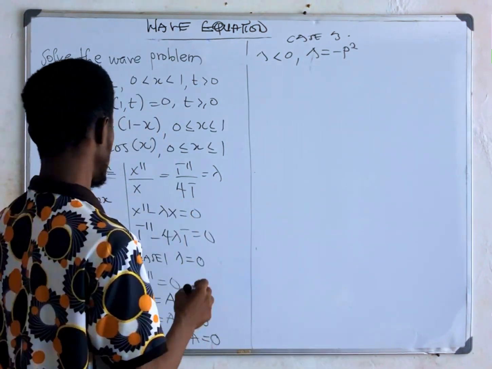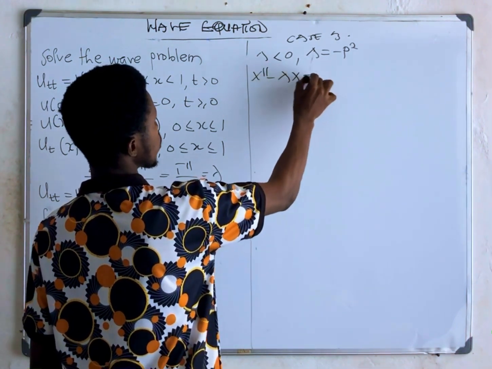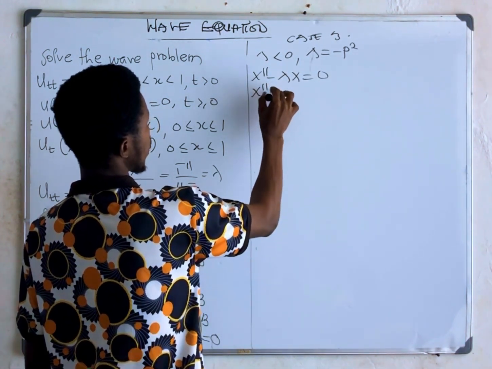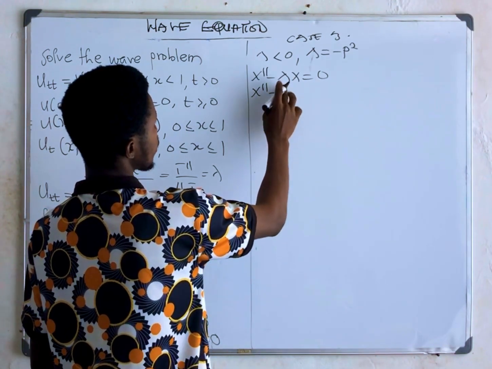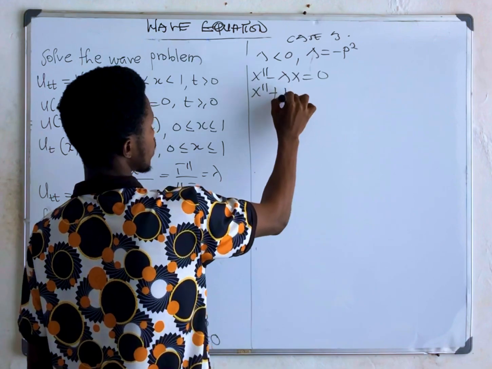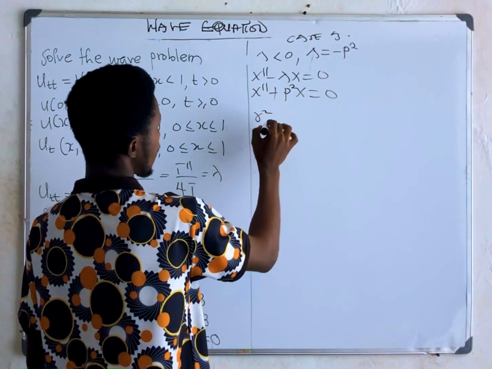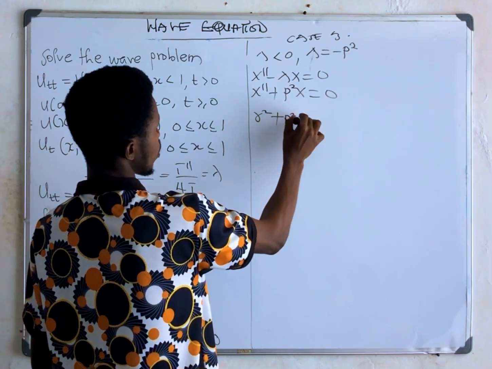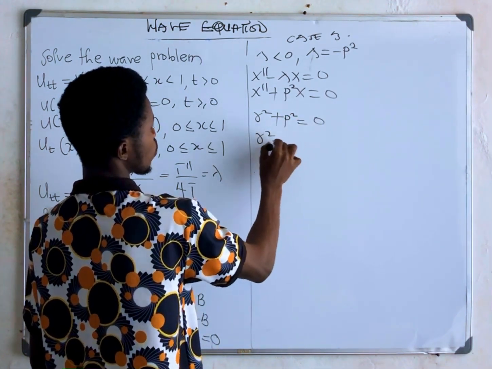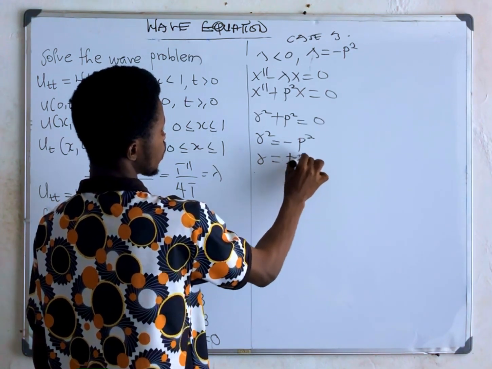You are going to substitute here x prime prime minus lambda x equals 0. Lambda is now negative p squared, so it will become plus p squared x equals 0. So my r squared plus p squared will be 0. r squared equals negative p squared. My r will be plus or minus ip.